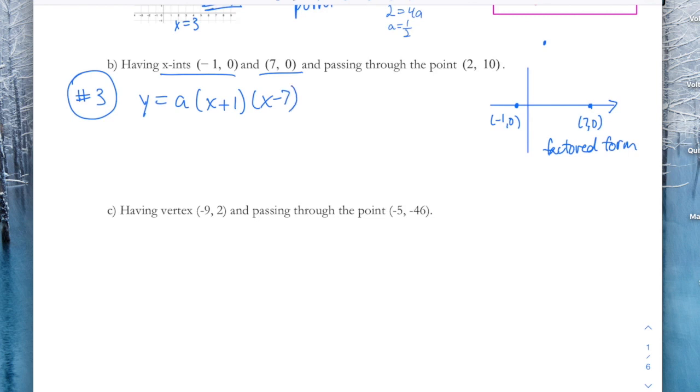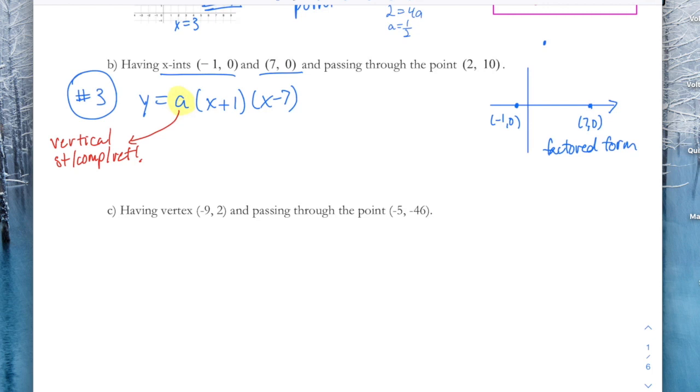And it's really, really important here that you include that a value. This is a common mistake, guys, forgetting to put that in. But what this does is it still represents the vertical stretch, compression, reflection of your graph.